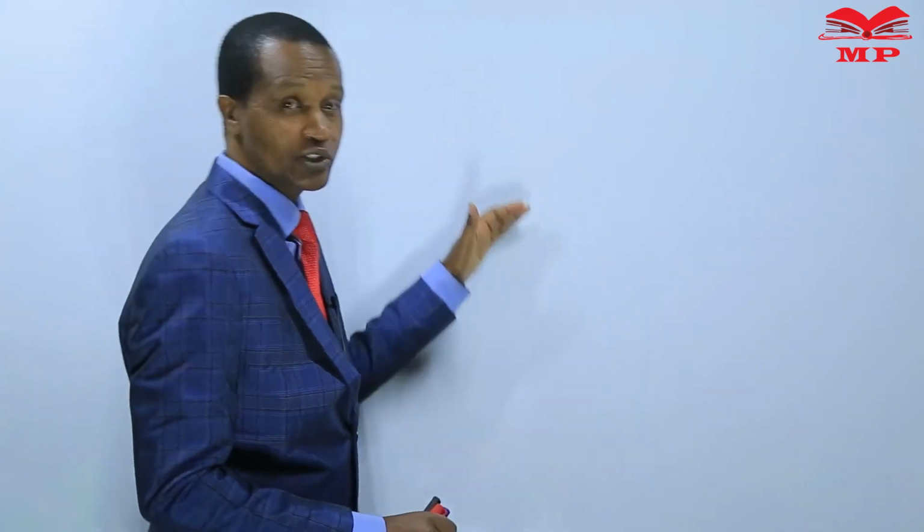When I'm doing calculations on the board, do the calculations also. At the end of every lesson, I give exercises which must be done. That is how you can actively participate in the learning process. And a good pupil is the one who takes instructions.